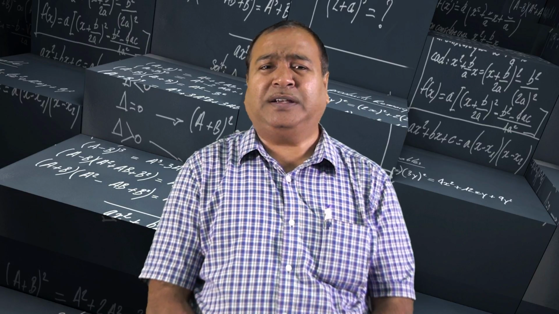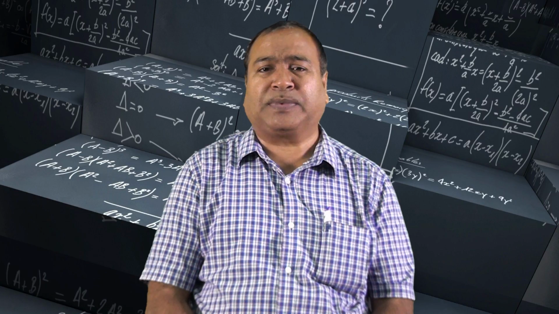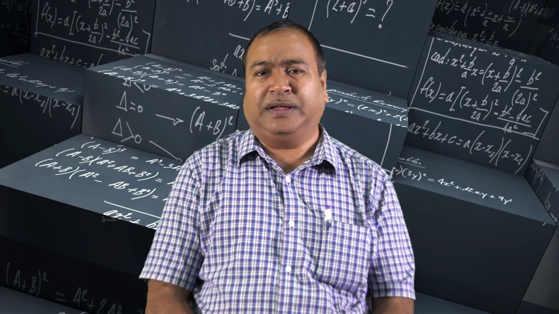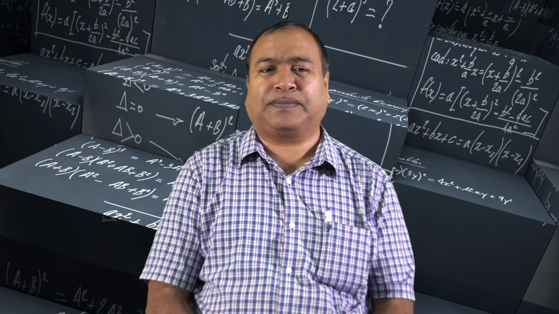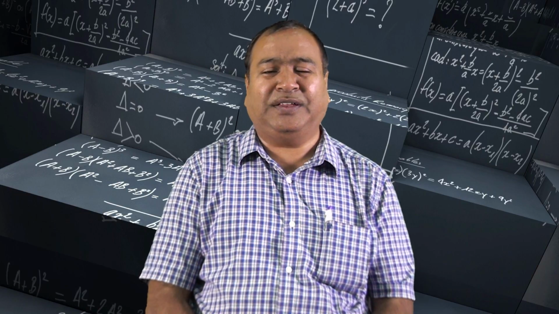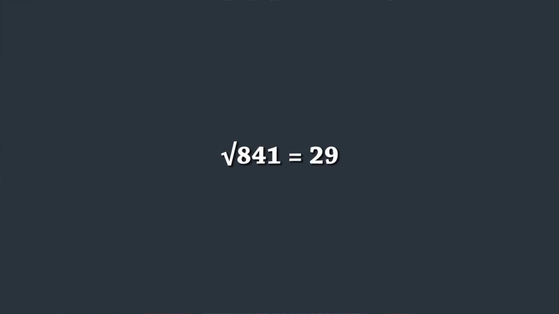Now we observe which of the above two numbers the given number is near to. In this case, 841 is nearer to 900. This concludes that the required unit digit in the answer must be 9 only. Hence, the answer is 29. Therefore, the square root of 841 is equal to 29.